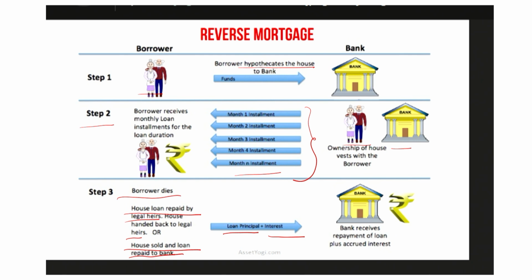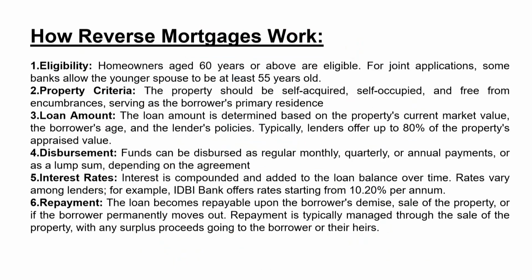So this is the proper arrangement of the reverse mortgage, where an elderly couple can have a regular and stable source of income without having a job or employment. So we have seen how it works. First of all, eligibility. You must be 60 years of age or above to be eligible to take the reverse mortgage loan.